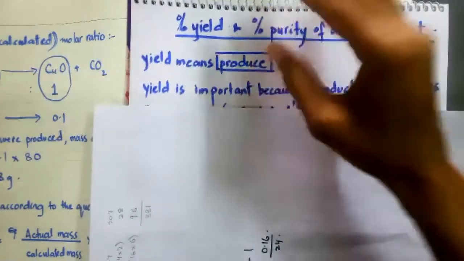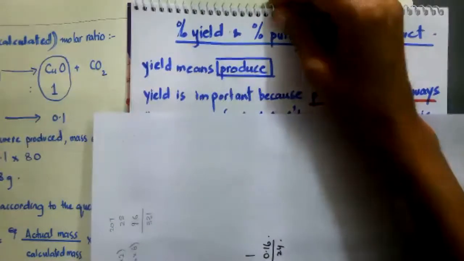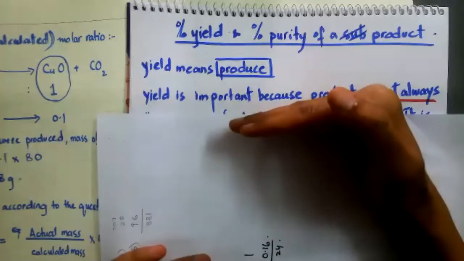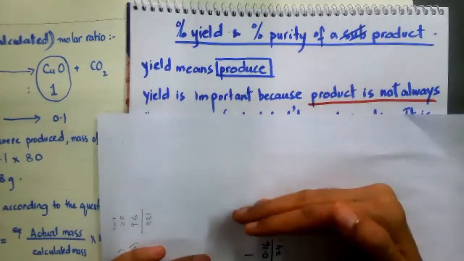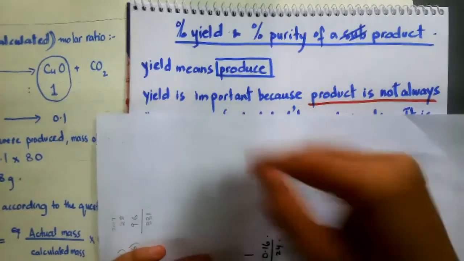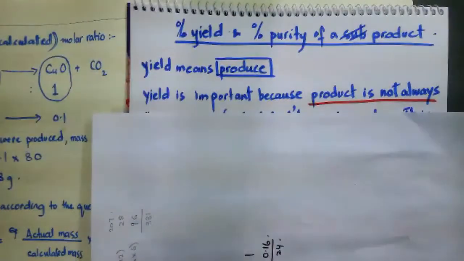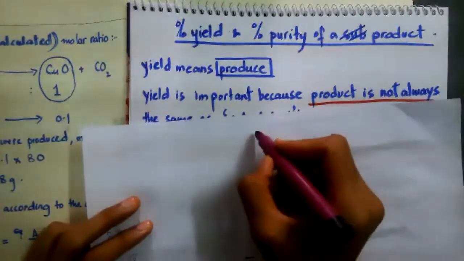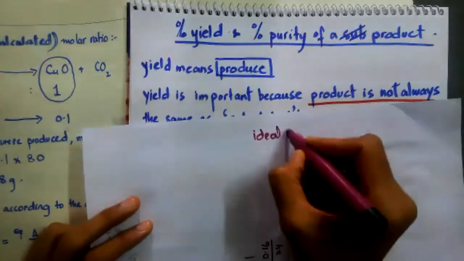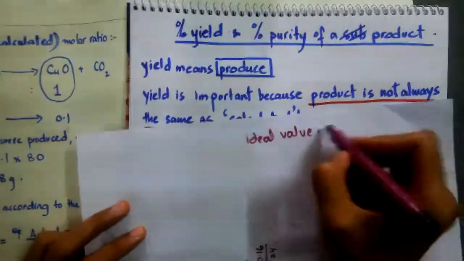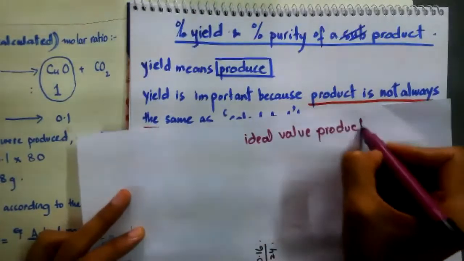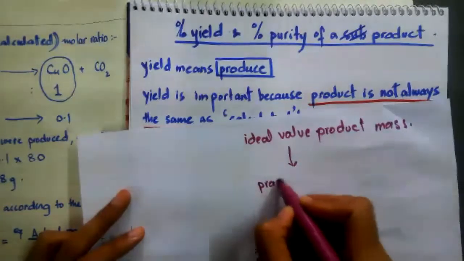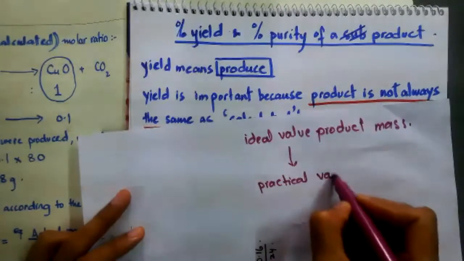Percentage yield is the calculation of the difference between the ideal value of the mass of the product and the practical, actual value.